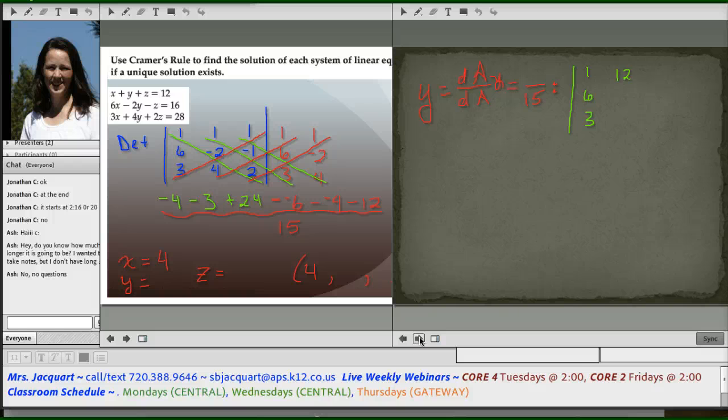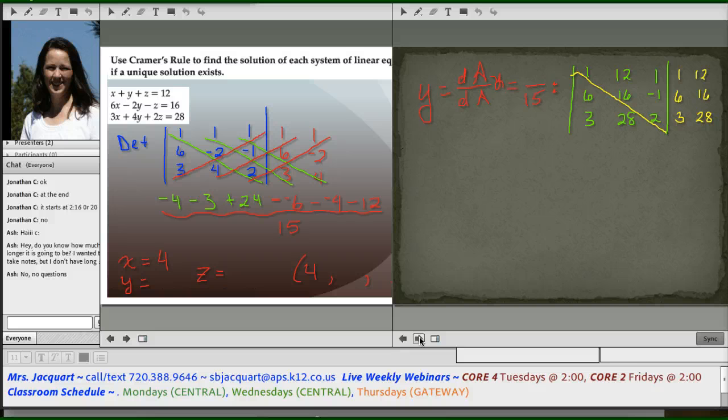So that's 12, 16, 28, and then we got the z column 1, negative 1, 2. And then to be friendly to yourself, you're going to just rewrite the first two columns. Okay, and then we're just going to work it out.